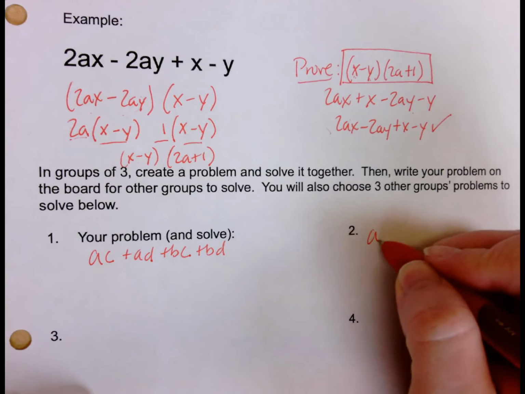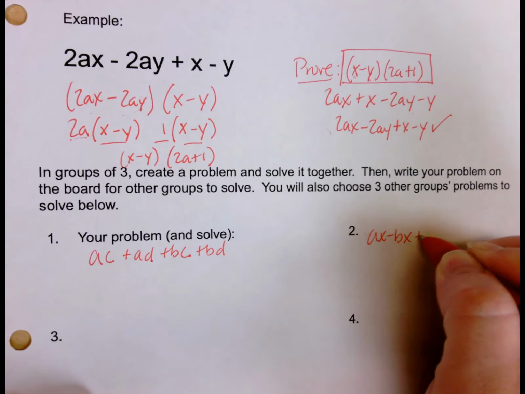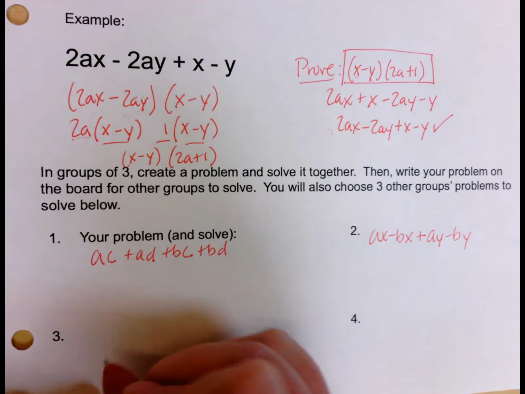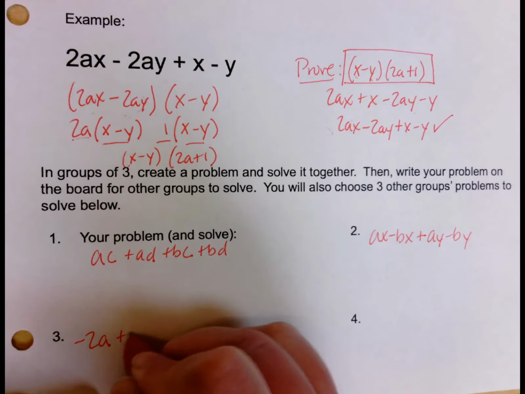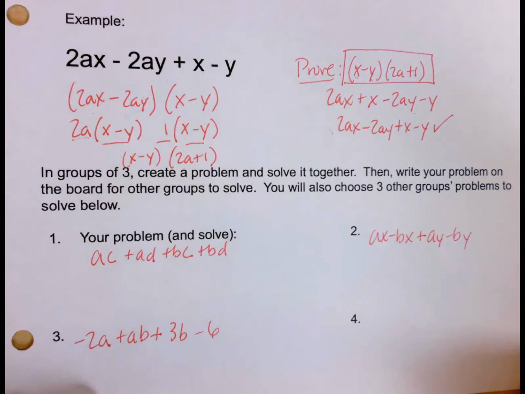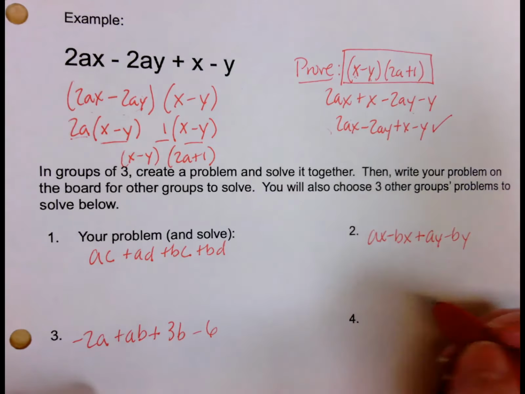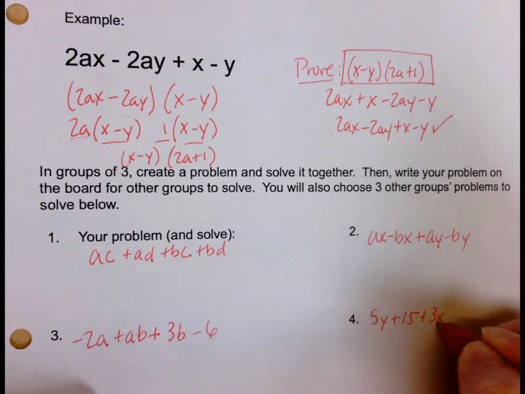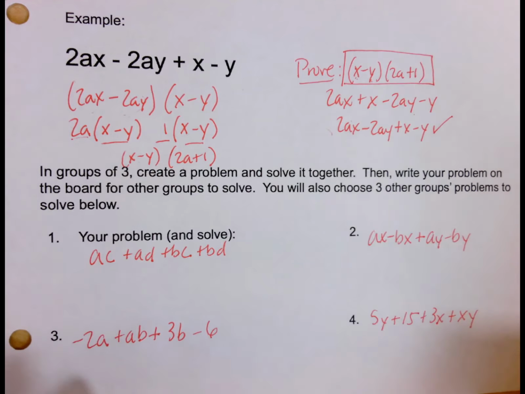Then I want you to do AX minus BX plus AY minus BY. I want you to do negative 2A plus AB plus 3B minus 6. And I want you to do 5y plus 15 plus 3x plus xy, okay? I want you to work those problems out for me.